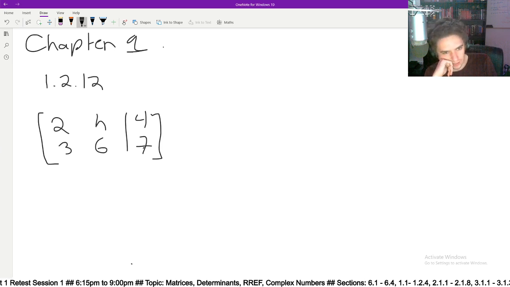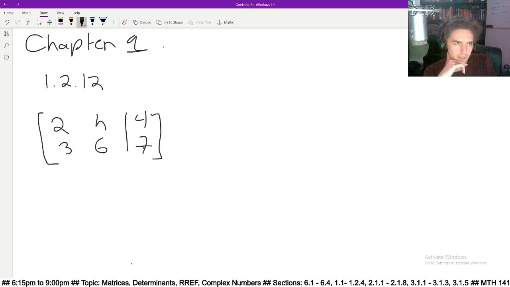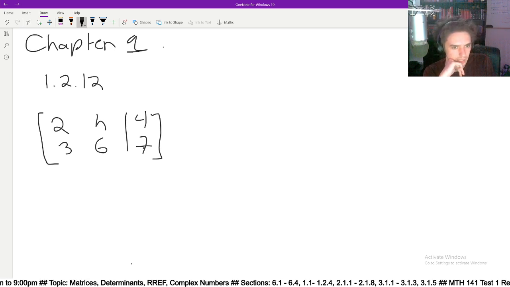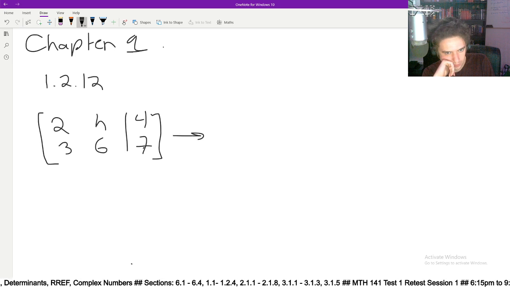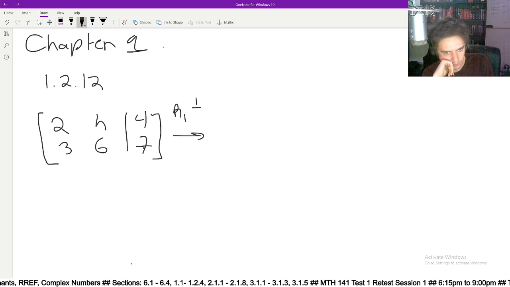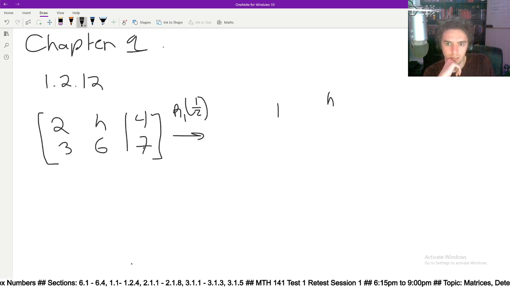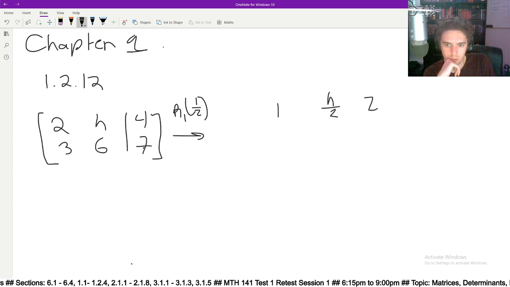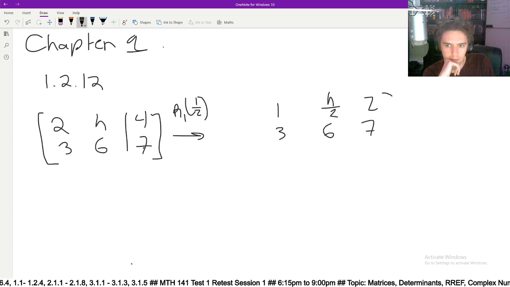So first let's try to put this into RREF or just REF. I'll divide the first row by 2, so it's R1 times a half. So it's going to be 1, h over 2, 2, and then 3, 6, 7.